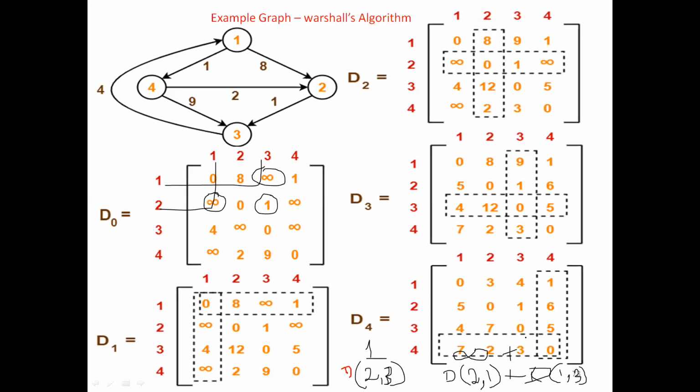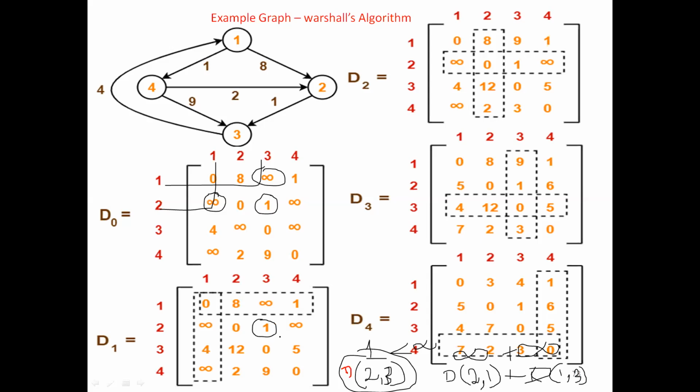So infinity plus infinity is infinity. I compare this 2, 3 with this one. So 1 is lesser than infinity. So I will put the 1 as it is from the initial distance matrix. I will just collect the value of 2, 3 from the previous matrix and put it as it is.